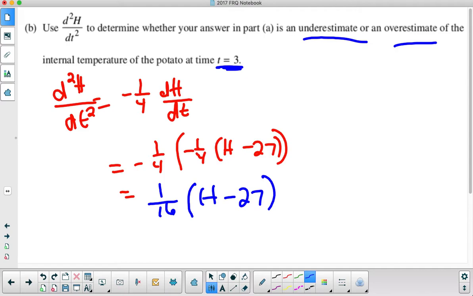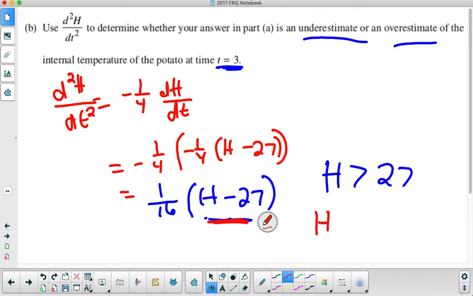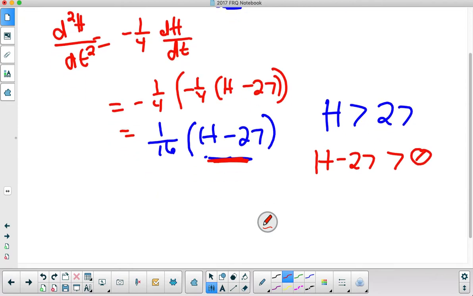So what we want to know here is, is this an under or overestimate? Looking at part A, we know that h was always greater than 27 from the problem. So since that's always greater than 27, h minus 27 has to be greater than 0, so that's positive, right?